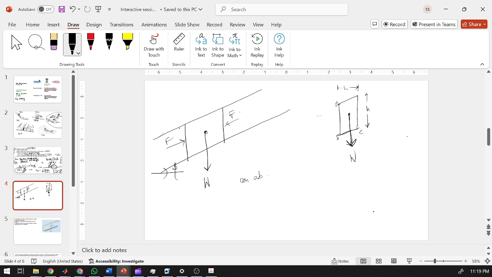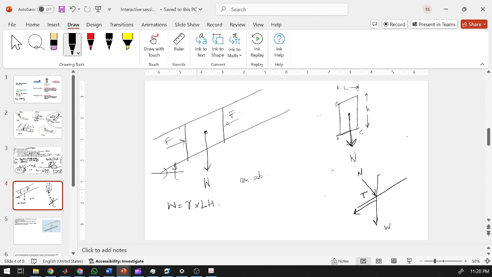So on AB, there is a force W. There will be a normal force and a tangential force. Weight of the soil element, the W, will be volume into unit weight: gamma into L into H.